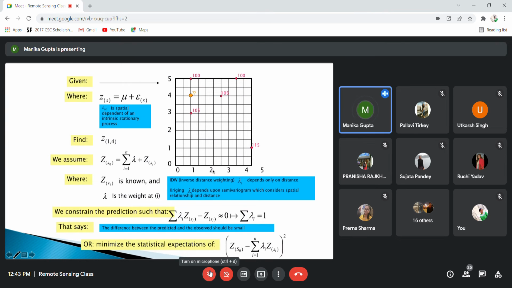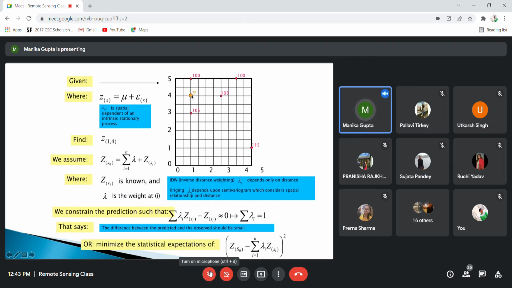Okay, so let's talk about this simple example here. You have this data here. This is the unknown point, and you have these 5 known points. If we do the IDW interpolation, what would be the value of this point?